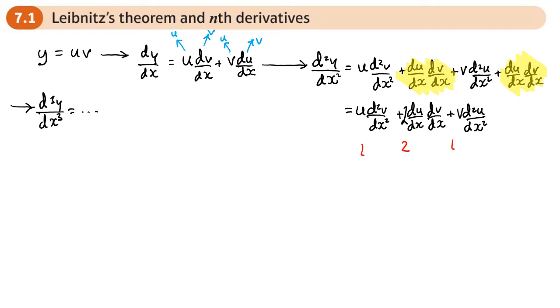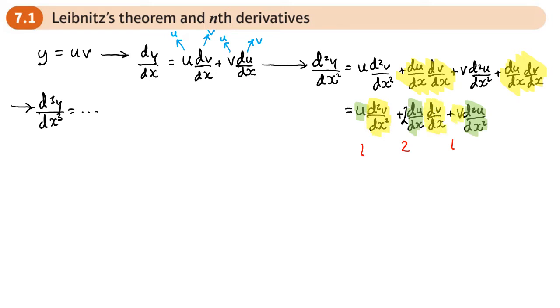Maybe if I highlight it in some colours that may help. So we've got u, du/dx, d squared u over dx squared, going up in powers. The coefficients are 1, 2, 1, and then we've got d squared v over dx squared, dv/dx, and just v.